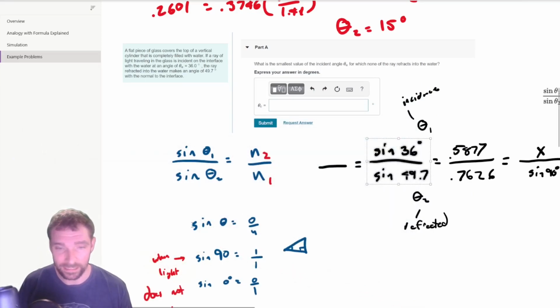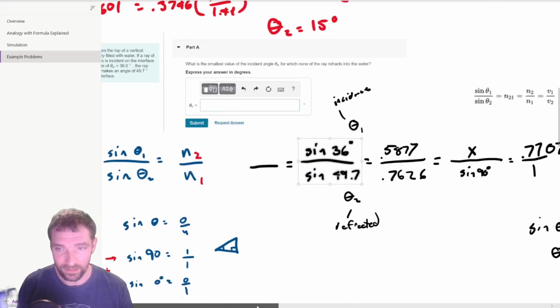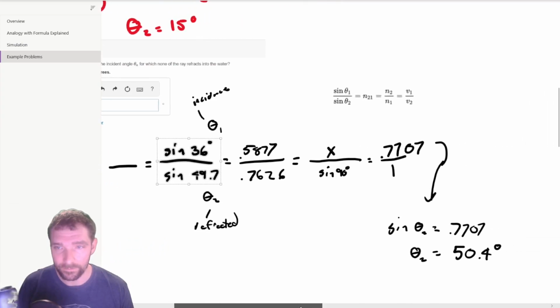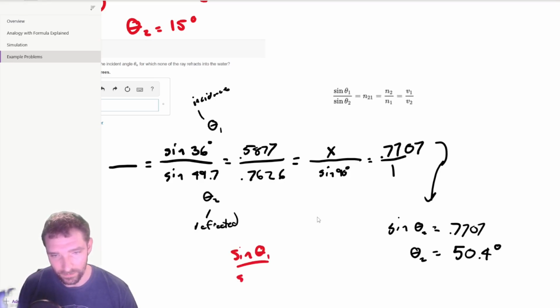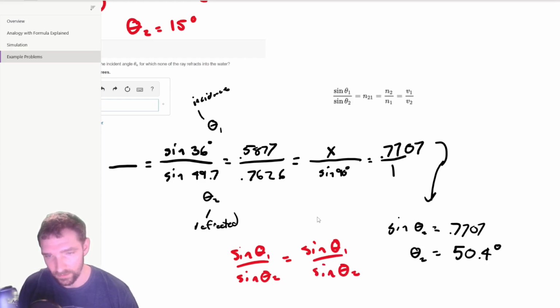So if you plug in sine 90 into this relationship, then you can say, okay, I had this sine 1 over sine 2, which is also equal to this other sine 1 over sine 2, but in initial and final.